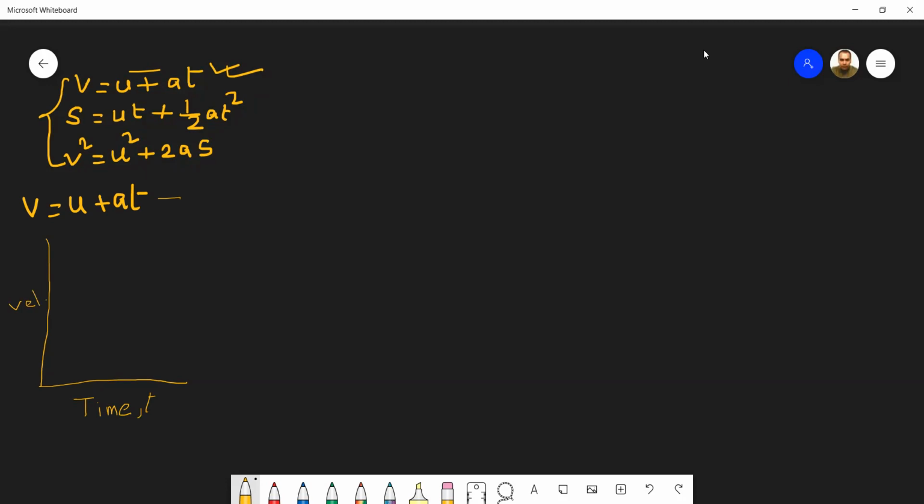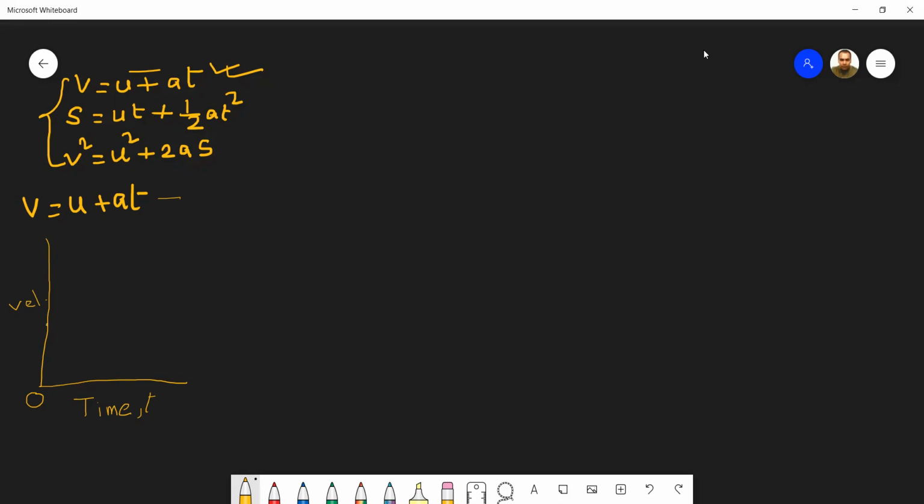Suppose this is the starting point. It is always better to denote this starting point by the letter O or 0, whatever you call it. Suppose at the beginning of time, the initial velocity of the object is u.